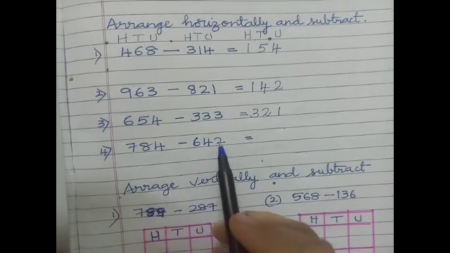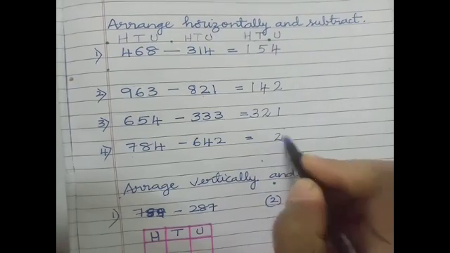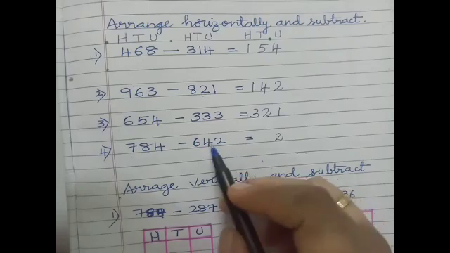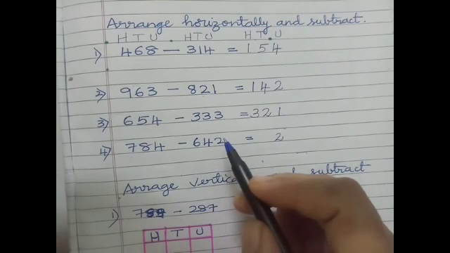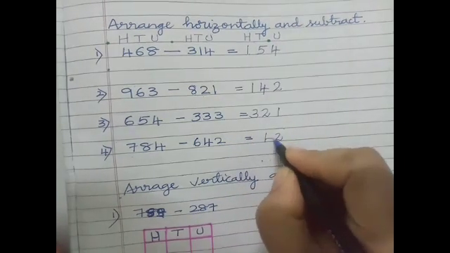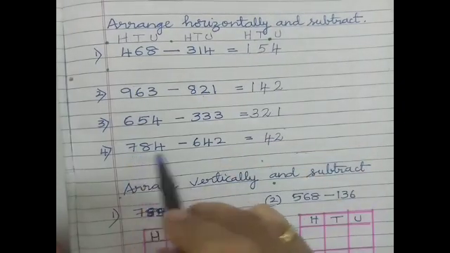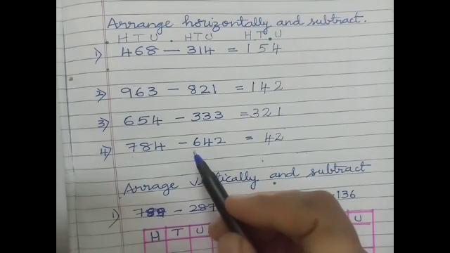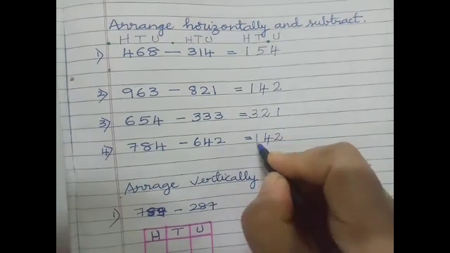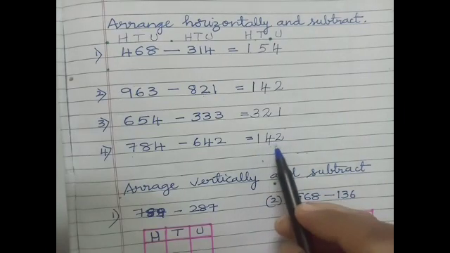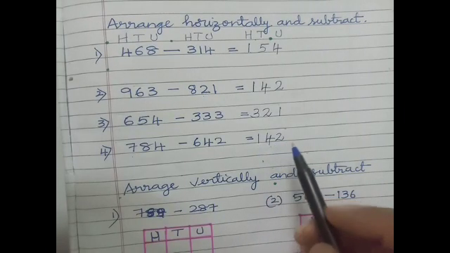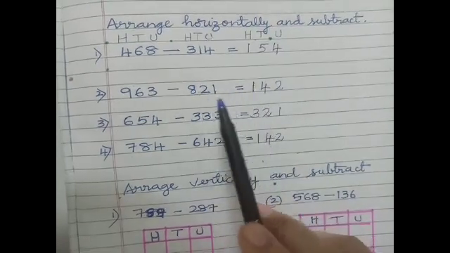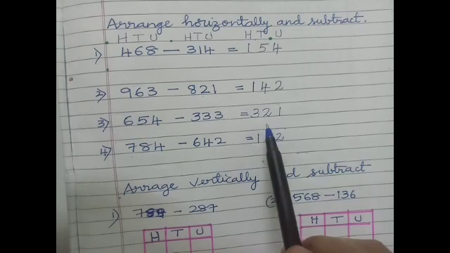So 4 minus 2 is 2. 8 minus 4 is how much? 4, 5, 6, 7, 8. That is 4. And 7 minus 6. How much do you have to add to 6 to get 7? That is 1. So the answer is 142. So children, this is how we arrange horizontally and subtract.